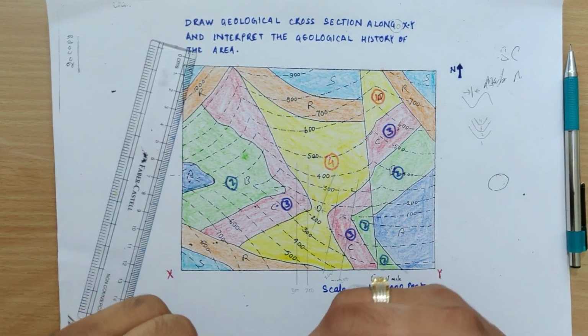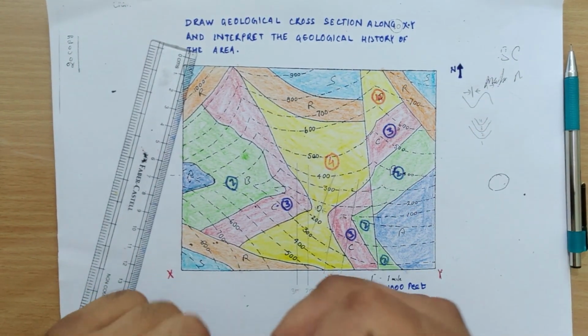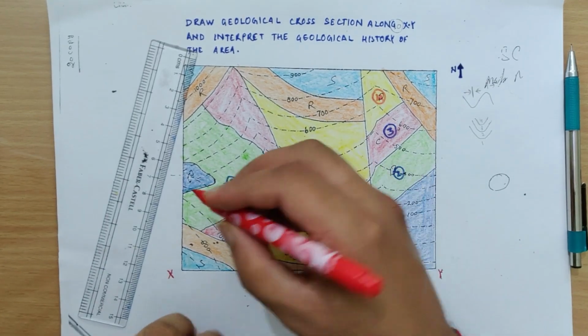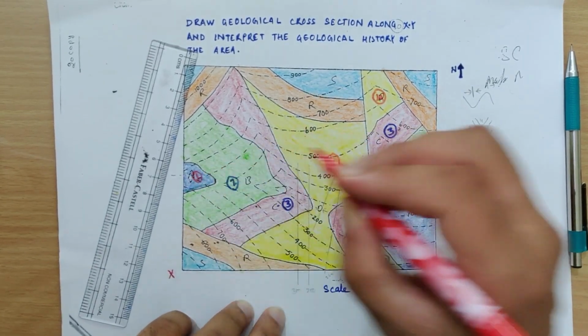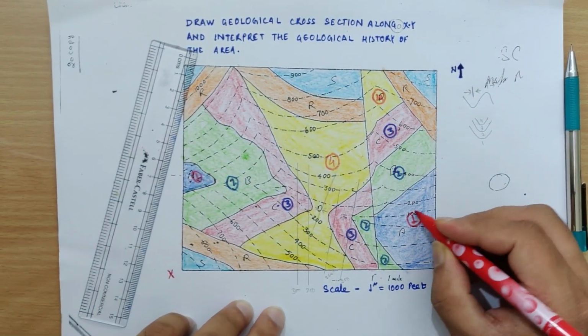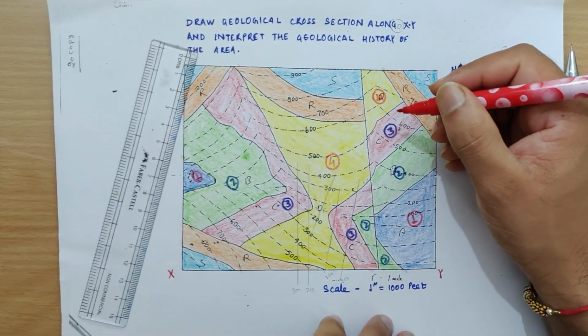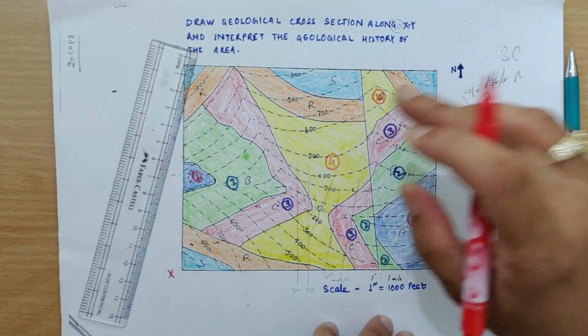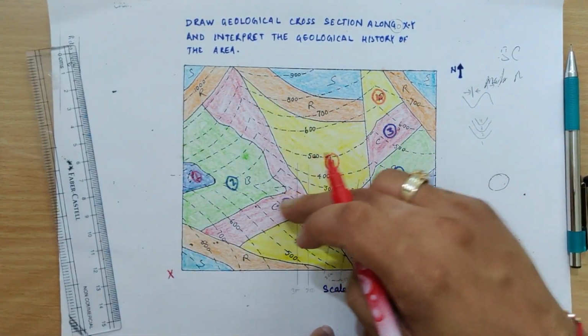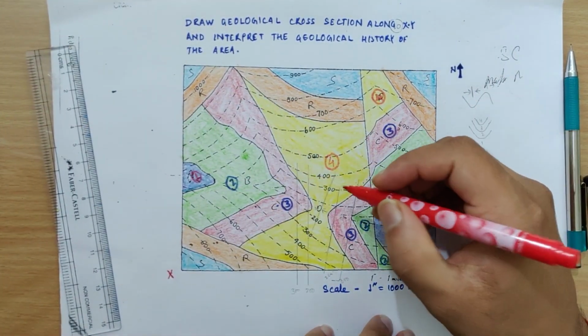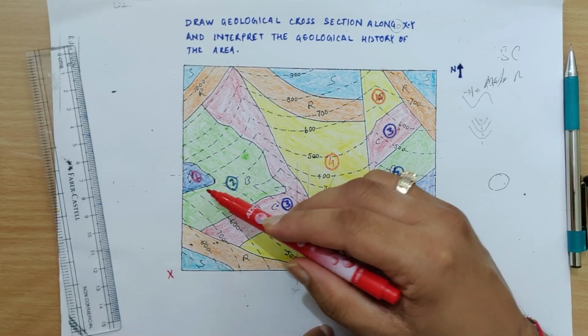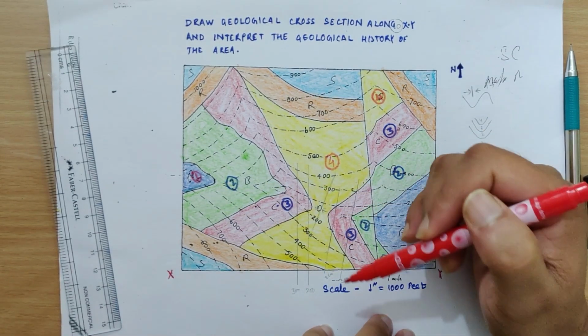So mark all the positions, and bed A is in fact bed number 1. So A is the oldest bed. Right. So we have interpreted the relative ages of the older sequence: bed A is oldest and bed D is youngest.